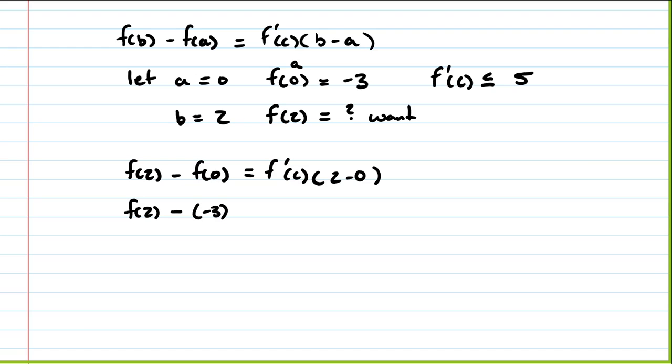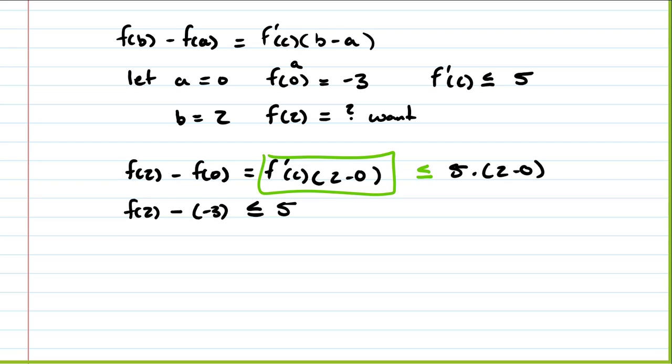So then this statement right here would have to be less than or equal to 5 times 2 minus 0, because if f prime of c is less than or equal to 5, we know the biggest it can be is 5. So f prime of c times 2 minus 0 has to be less than or equal to 5 times 2 minus 0.